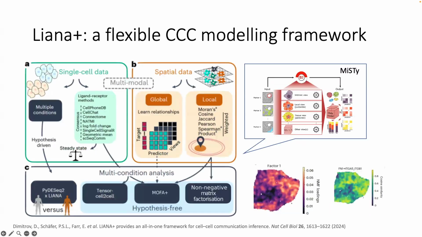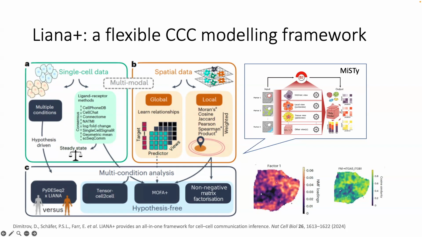There are also larger frameworks like LIANA+, which offer a lot of functionality for different types of analysis. For example, LIANA+ combines different things. The first thing it combines is that it's a wrapper around a lot of the ligand-receptor interaction modeling tools. The second thing is that it allows you to, for example, calculate all these local or global spatial statistics.